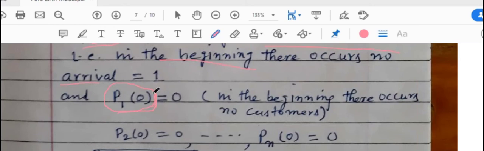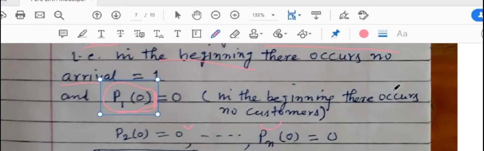If time is 0, then how can the customers arrive? This statement is false, and the probability of a false statement is always 0. So all of these are 0.